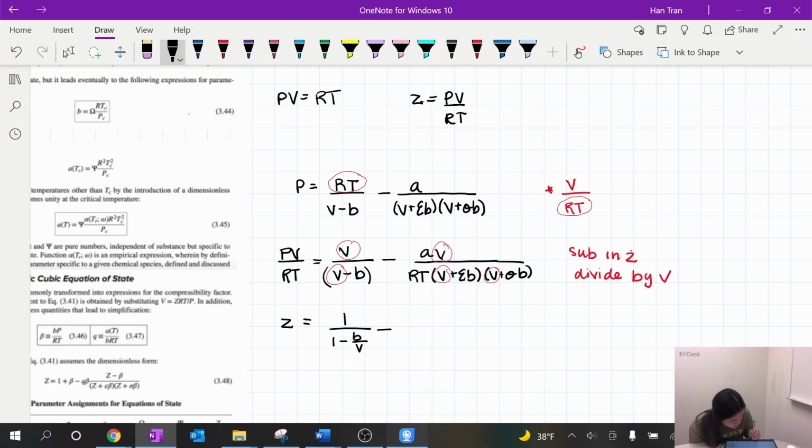Minus, let's take a look at the denominator of this term first.